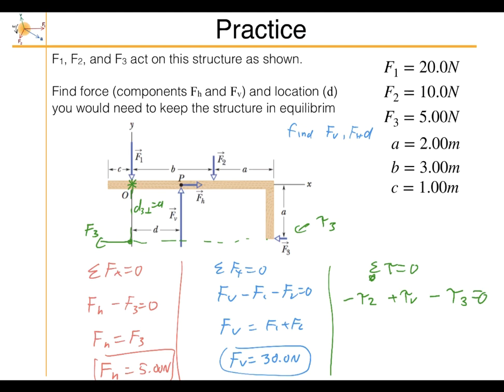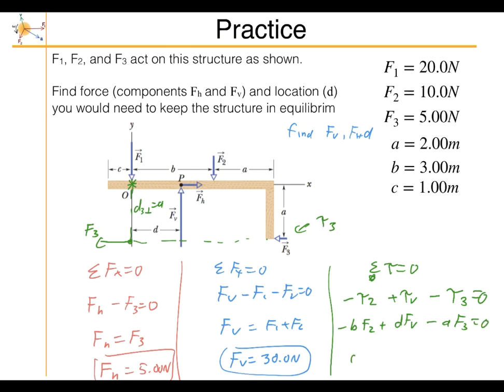So let's plug in for our torques. T2 is minus the distance to 2 from point O, which is listed as B, times F2, and they're perpendicular, so that's sine of 90, plus the torque due to the vertical, which is D F vertical, minus the torque due to 3, which is minus A F3, is equal to 0.